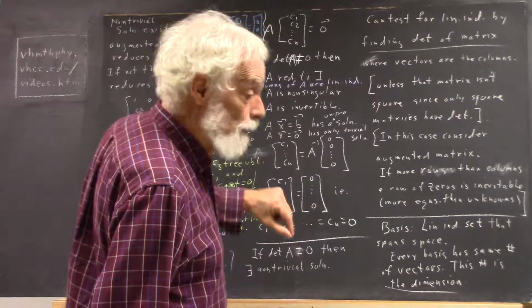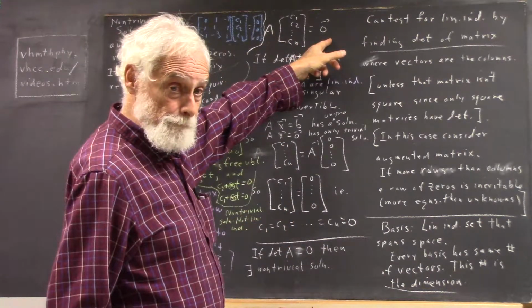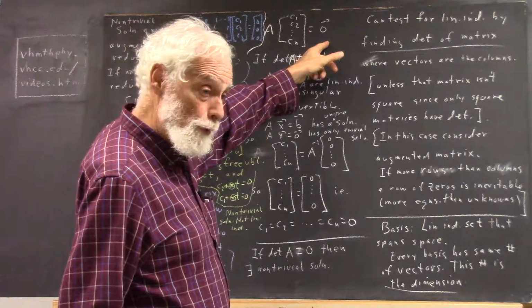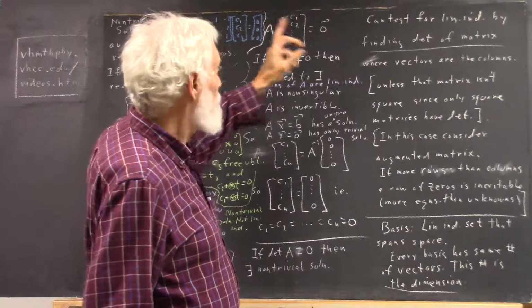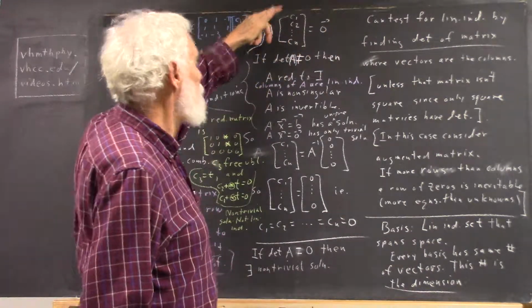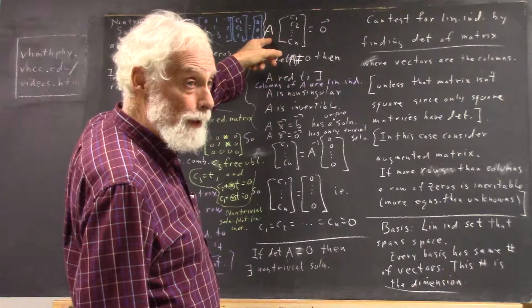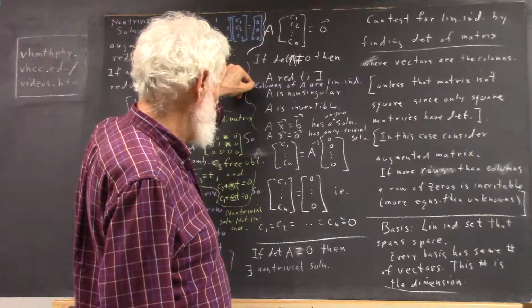So the elegant solution here is to say that this matrix equation has only the trivial solution if and only if determinant of A is non-zero, meaning then that the columns of A are linearly independent.